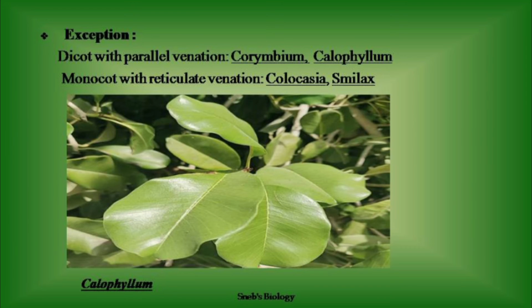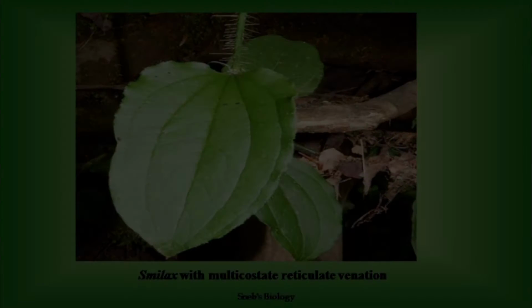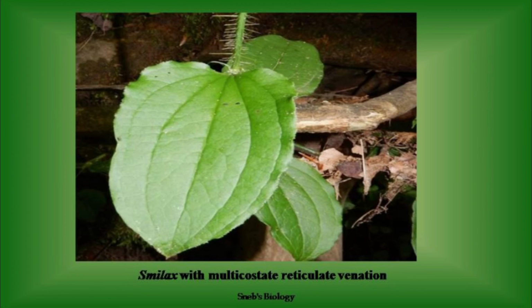Exception means a dicot, where reticulate venation is the characteristic feature, showing parallel venation. For example, Corymbium. Here Corymbium is a dicot leaf, but it shows parallel venation. Same with monocots, where parallel venation is the characteristic feature, but they show reticulate venation.